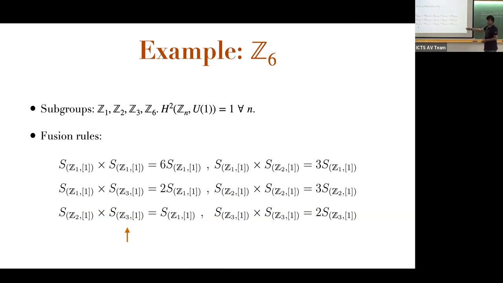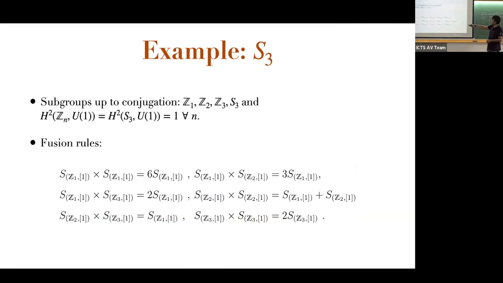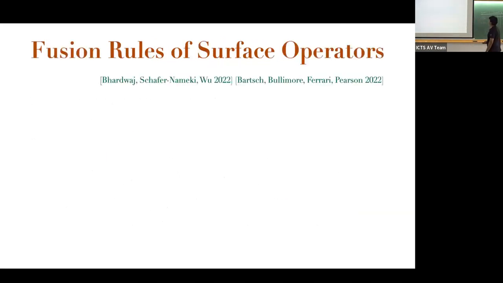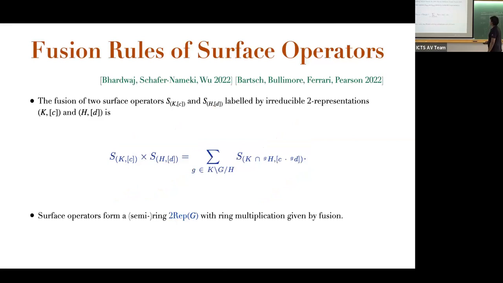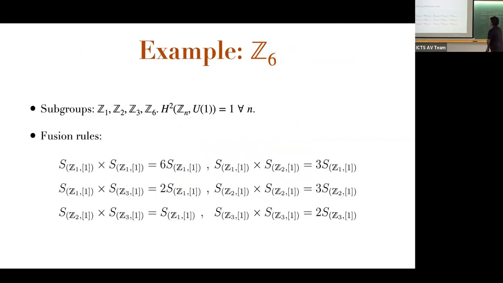We can repeat the same thing for another example, which is S3. We can enumerate the subgroups. Sorry, just a question. The subgroups are the unbroken groups in some sense, after the surface operators break the group into the subgroup.